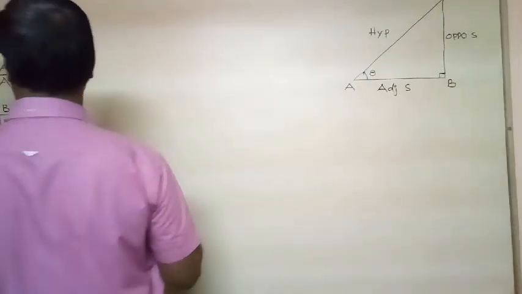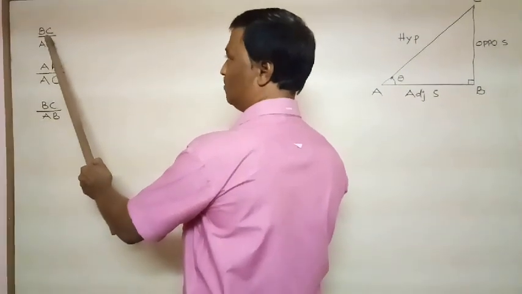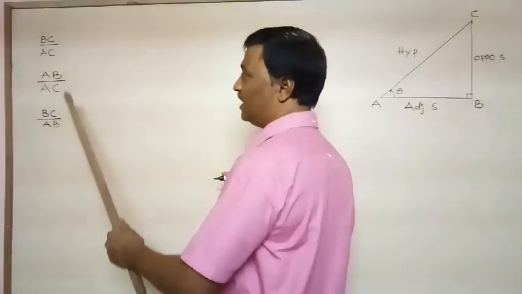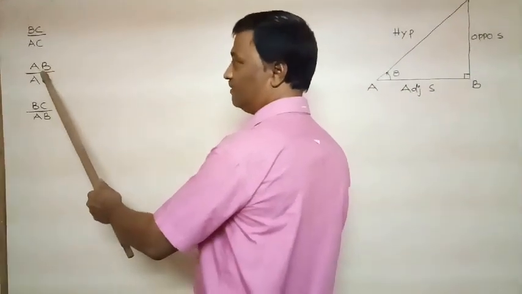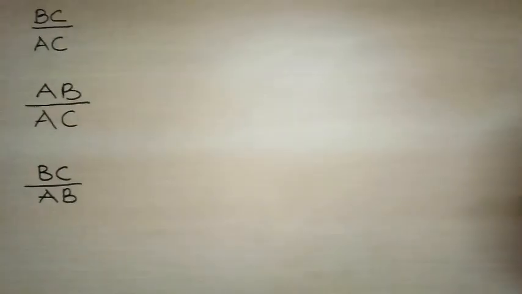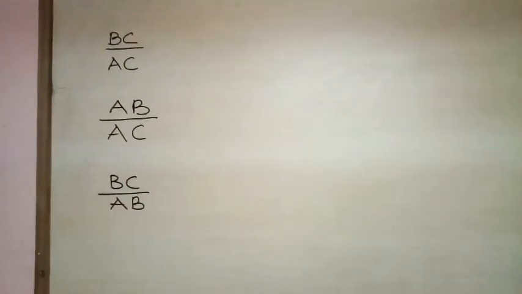Just write the multiplicative inverse of each ratio. Here these are the ratios written by those three sides.